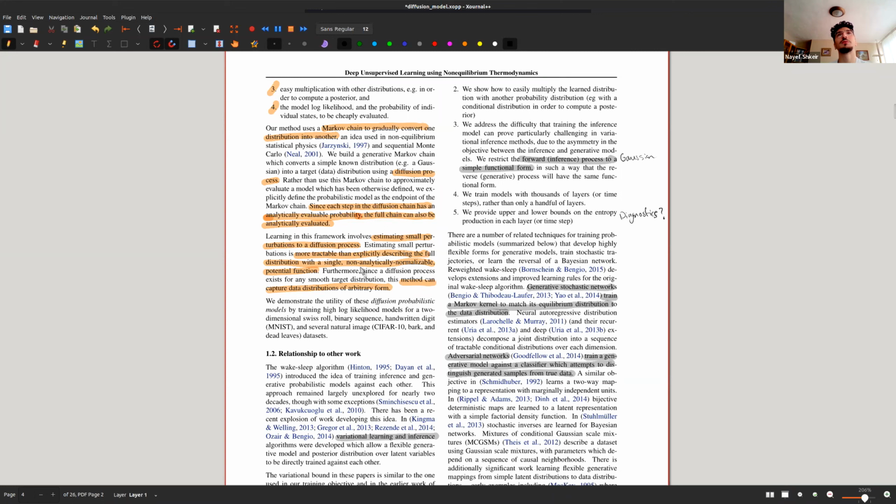I was still thinking about what they meant by "a diffusion process exists for any smooth target distribution." I was wondering what non-smooth target distributions are, but I couldn't really think of any. A rectified distribution, for example, would be non-smooth, right? Or maybe not. It's just that its support ends at 0. That would be a rectified distribution.